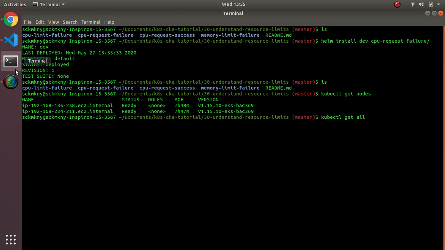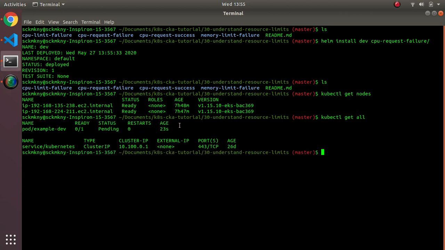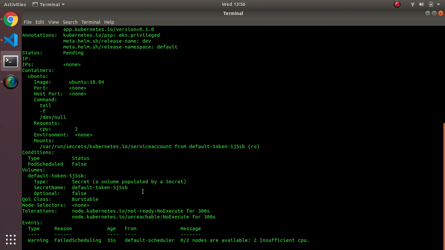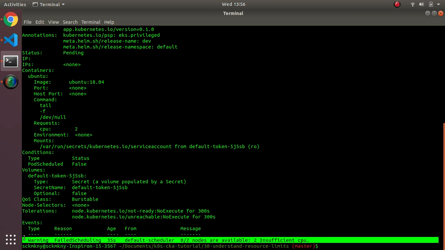Okay, first thing you'll notice is that it's not going to be running, right? So let's describe what's happening to the pod. kubectl describe. For some reason, it's still pending, right? And in fact, you can see in the warning here, failed scheduling, default scheduler, 0/2 nodes are available, insufficient CPU.